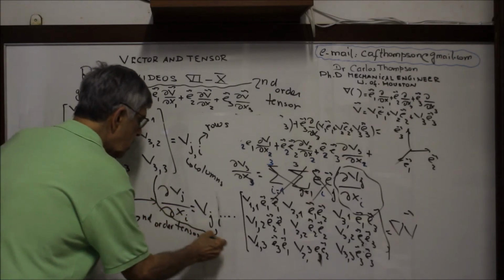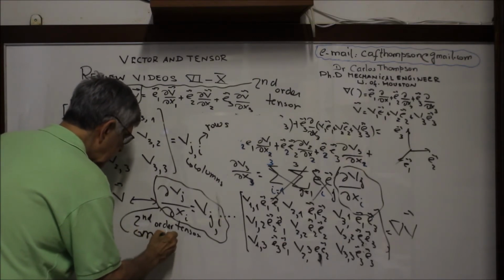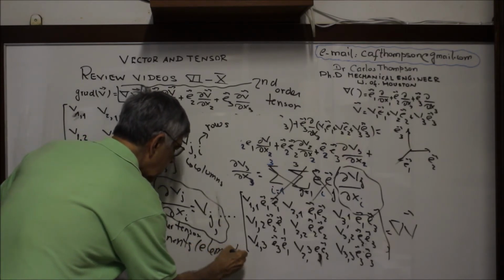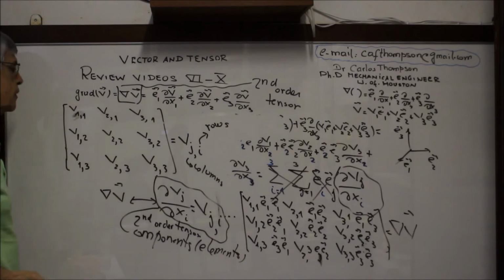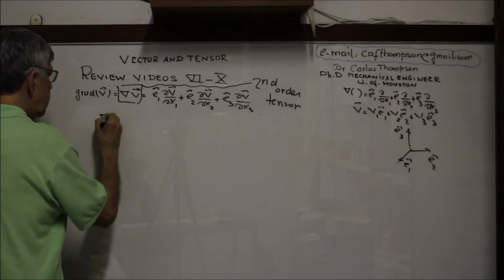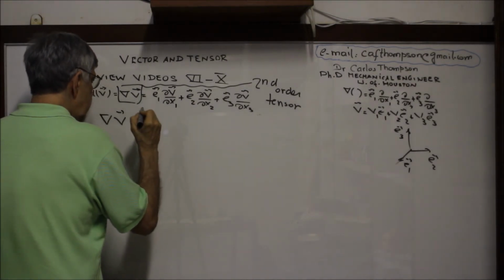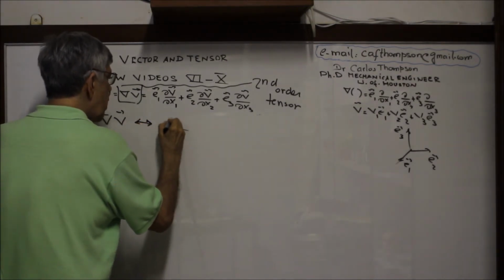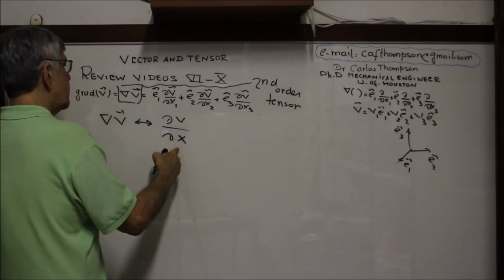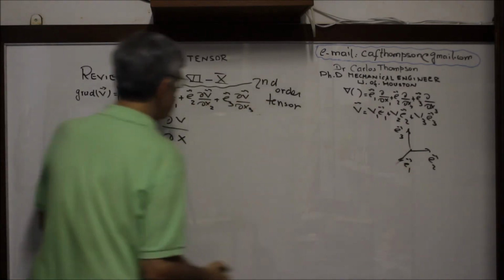Nabla v is represented as a matrix, but in the Cartesian notation, we only work with components. So these are components, or elements of a matrix. Okay? Vji. It's important for you to know the gradient of V is represented as a second order tensor, partial V with respect to X. Now, these are the elements of a 3 by 3 matrix in R3 space.